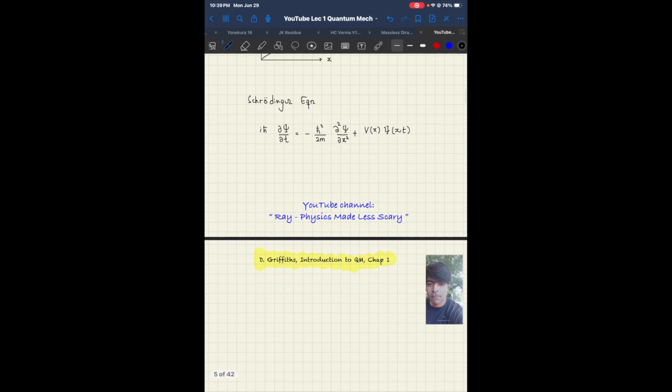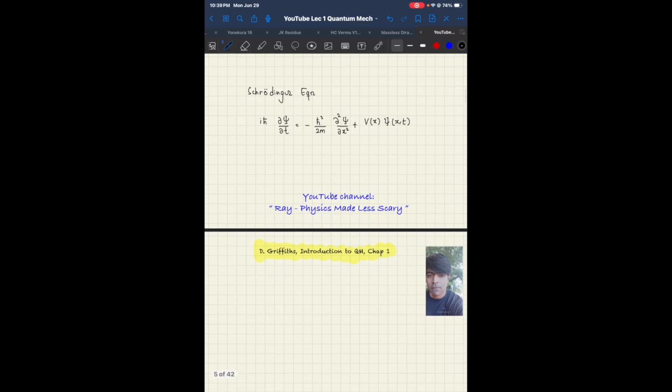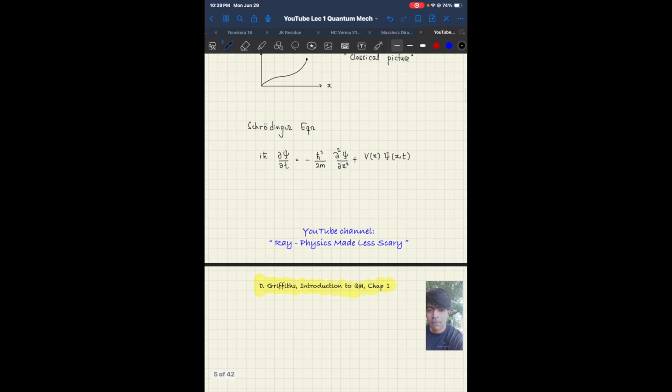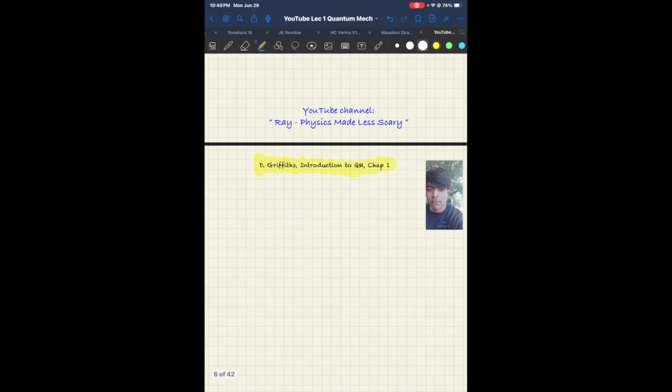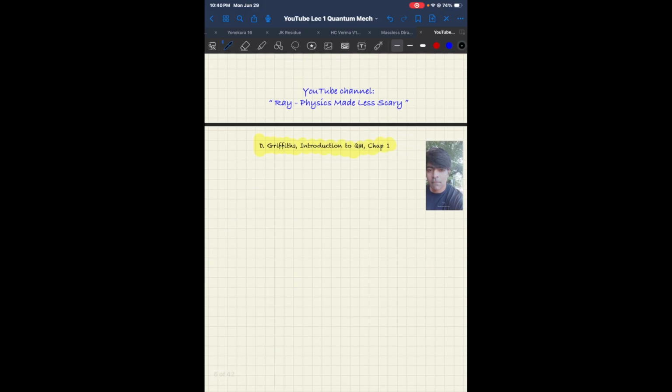So lots of new stuff, right? But in principle, it's just a different equation, analogous to this. In principle, but in practice quite different.